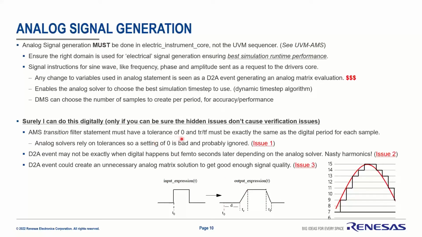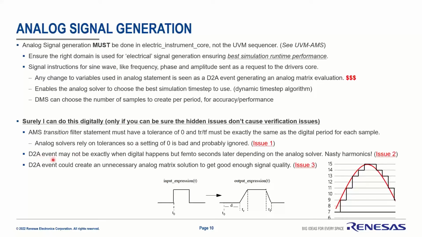It has to have a tolerance of 0. Your rise time and fall time must be exactly the same as the digital period, otherwise you've got an error. The problem is setting a tolerance of 0 on the transition filter is very bad for the simulator, and it wouldn't surprise me if most simulators ignored the value of 0 because you are constraining it so much it would probably fail to converge.